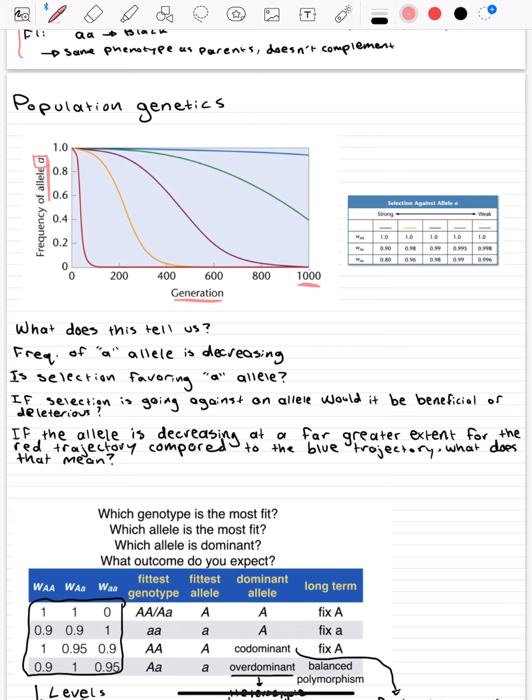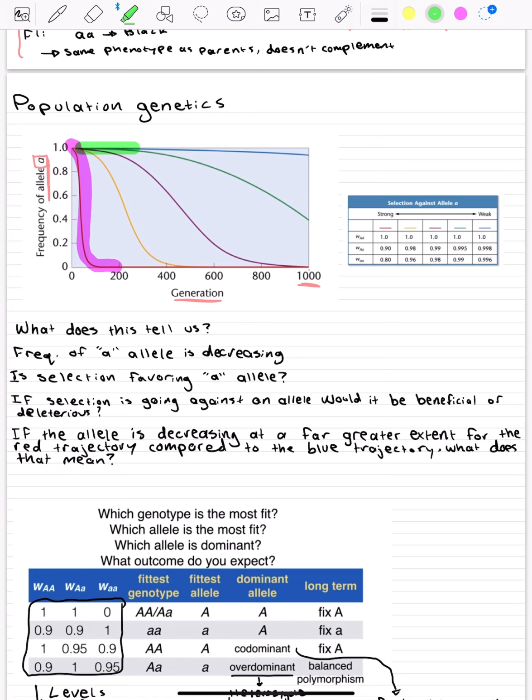We can see that for the red trajectory, the frequency of this allele decreases heavily in a span of about 100 generations. Whereas for the B trajectory, the frequency of the allele is slowly decreasing.